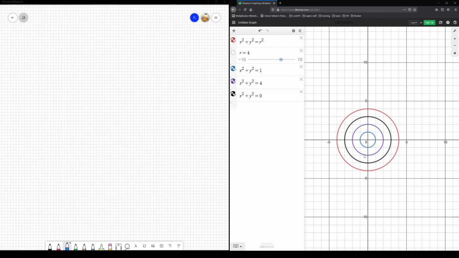So here is what is going on here. The area of this circle A is equal to pi times the square of the radius.